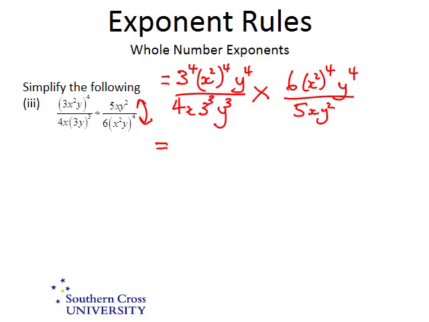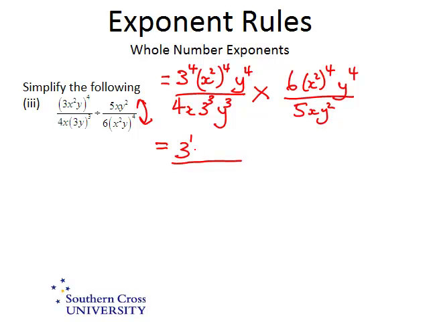Okay, now simplifying that, we have quite a few things we can do here. We have a 3 to the power of 4 and a 3 to the power of 3, which leaves a 3 to the power of 1 in the numerator.